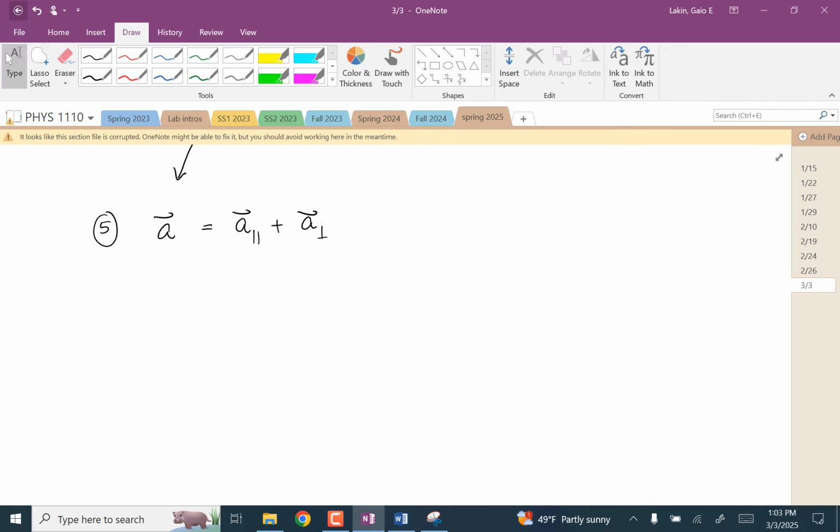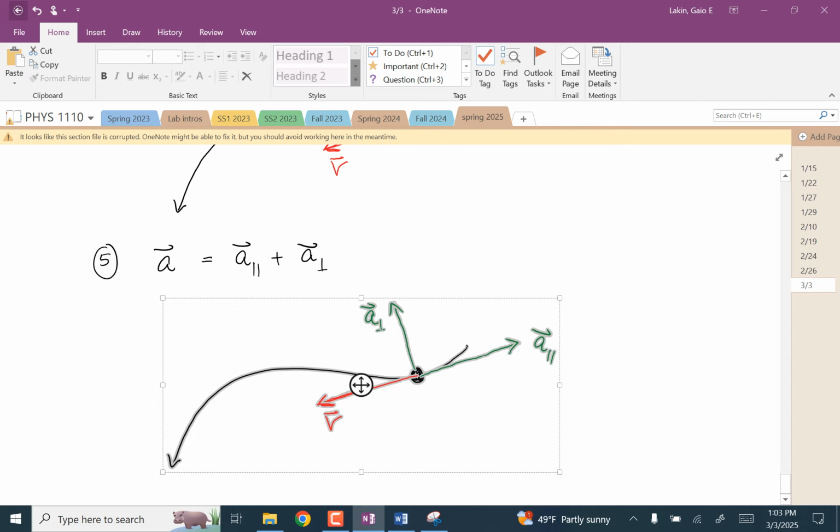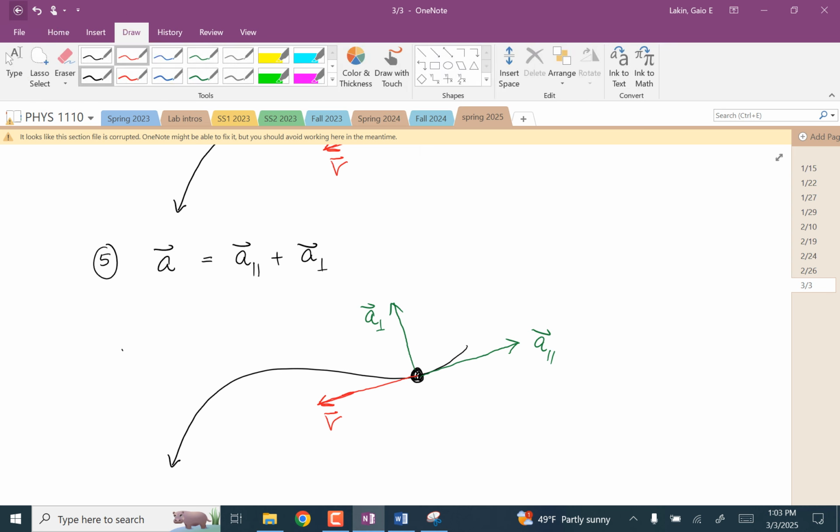So the total acceleration is somewhere in this range. An example of a possible acceleration would be a vector like this, but it could be any of those in that range.